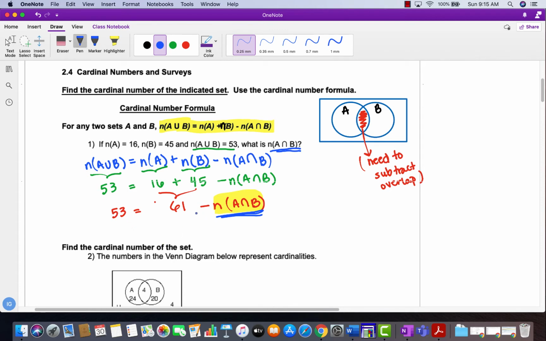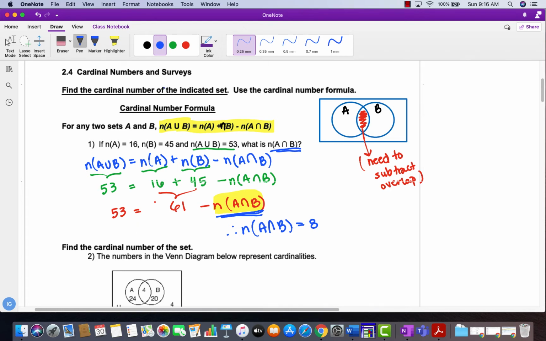So you can say, hey, 61 minus 8 will give me 53, and therefore the number of elements of the intersection of A and B is equal to 8. Another way to do it would be to subtract 61 from 53 and then divide by -1.